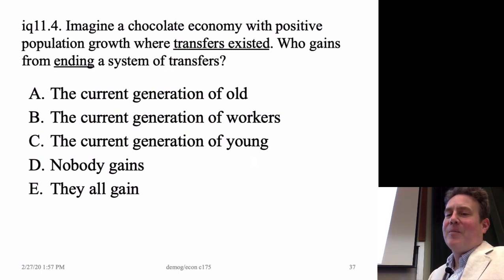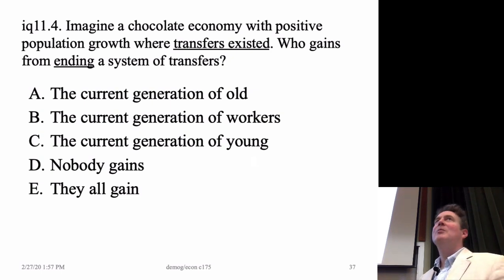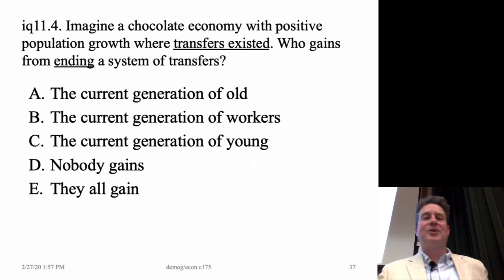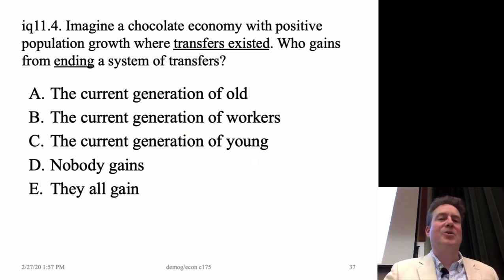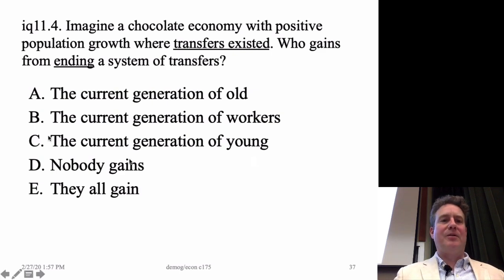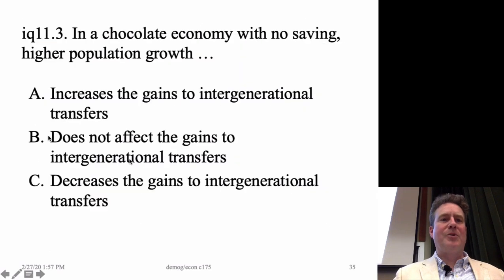Now, this is getting at the political economy of Social Security and of pension systems. The thing is, of course, it's a little bit more complicated than this, because if we go back a couple of slides here, I'm sorry, did I have two 11.4s? I did, I'm sorry about that. Suppose you have higher population growth, that increases the gains to doing this.